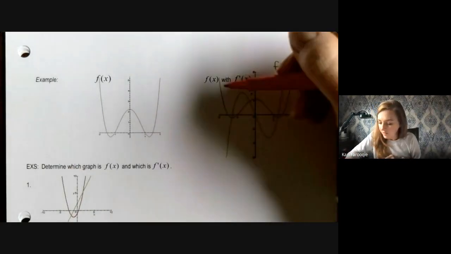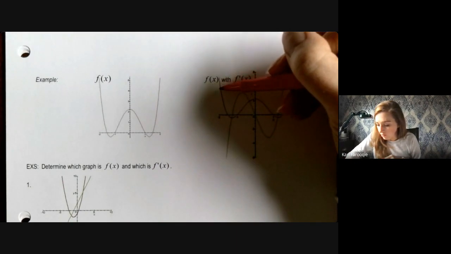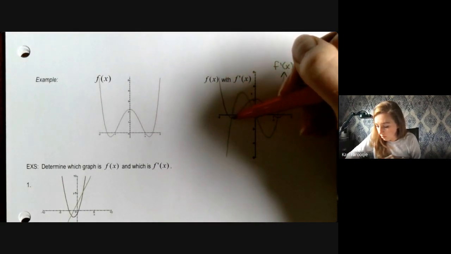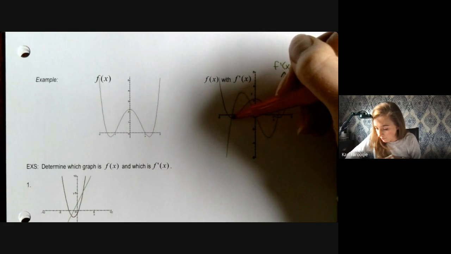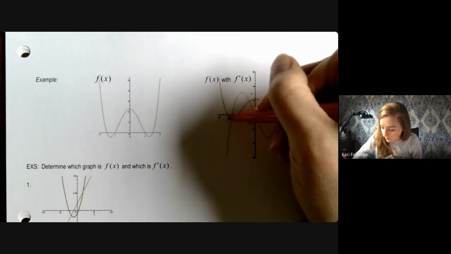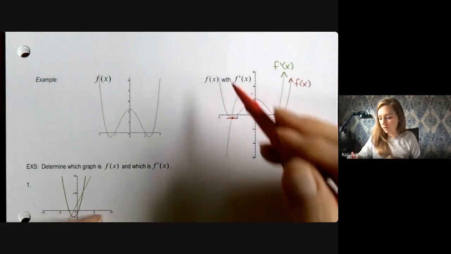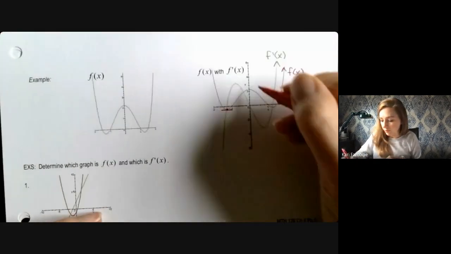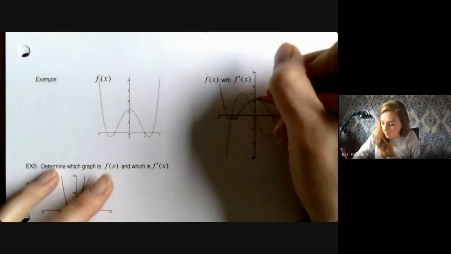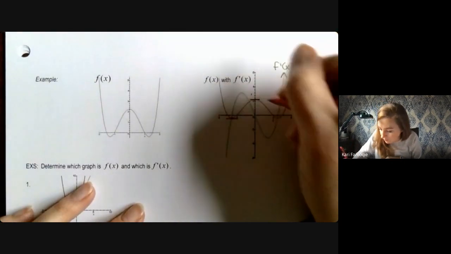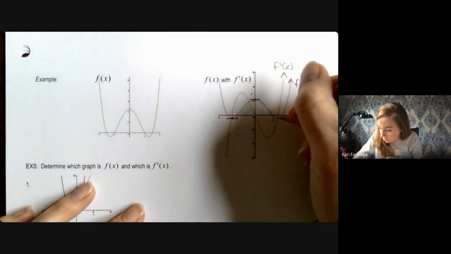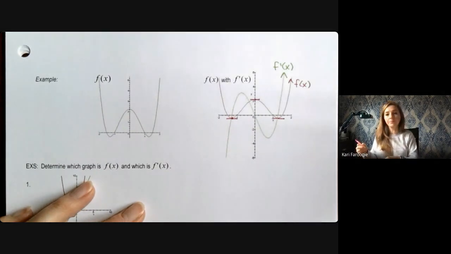The slopes of the tangent lines are negative up until you hit this point where you have this minimum value right about here. Once you get to this minimum value, the graph starts to increase. And then it increases up until about here. And then it decreases until you get to about here.